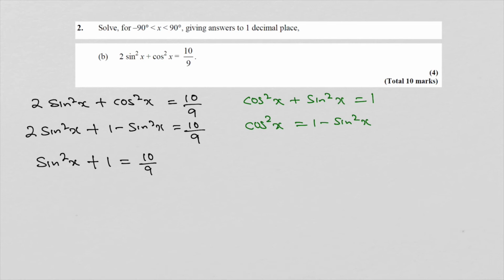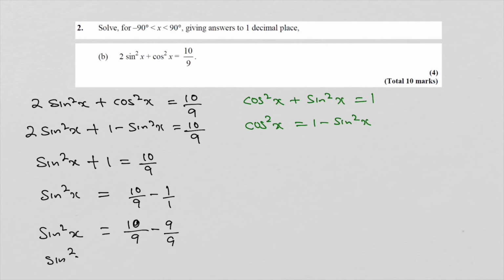So what I can do is to say sine squared x equals 10 over 9 minus 1 over 1, which means I need to make the denominator the same. So that would be 10 over 9 minus 9 over 9 equals sine squared x, which implies that sine squared x equals, well, 10 minus 9 would be 1 over 9.